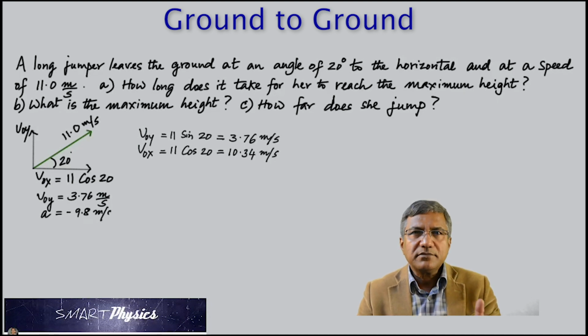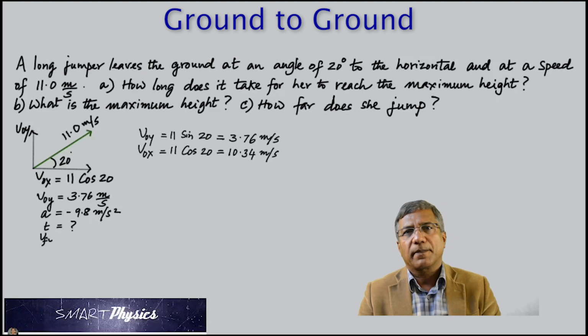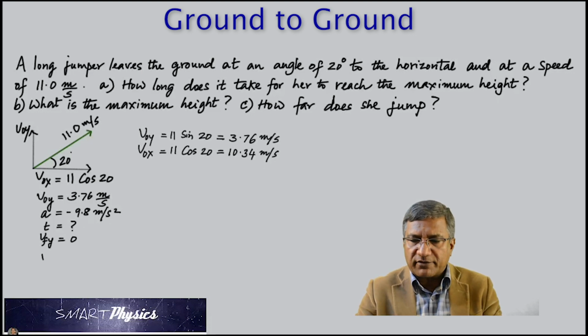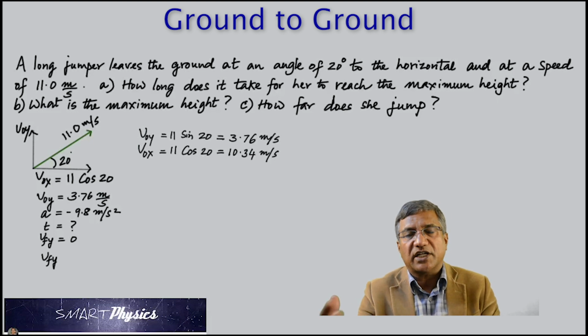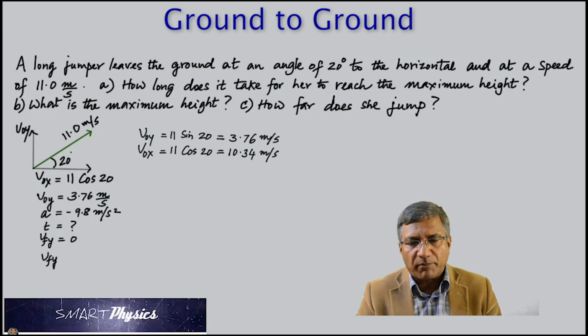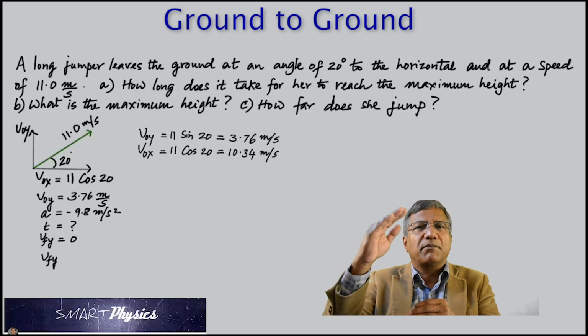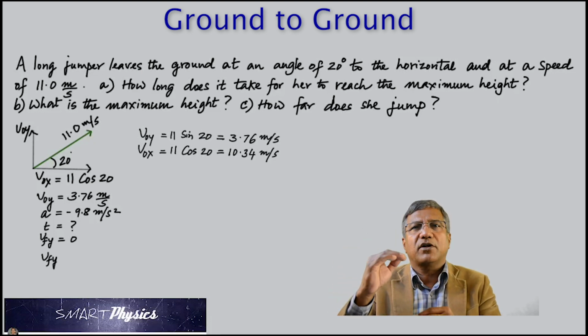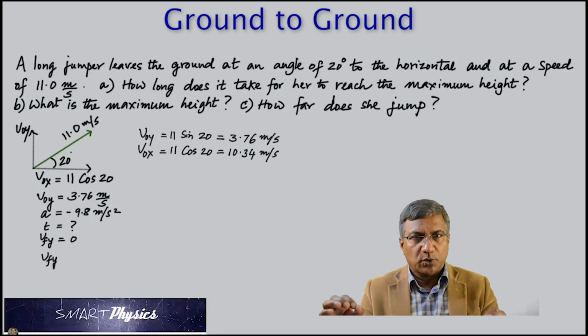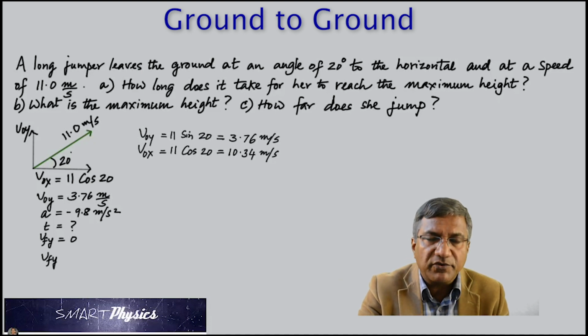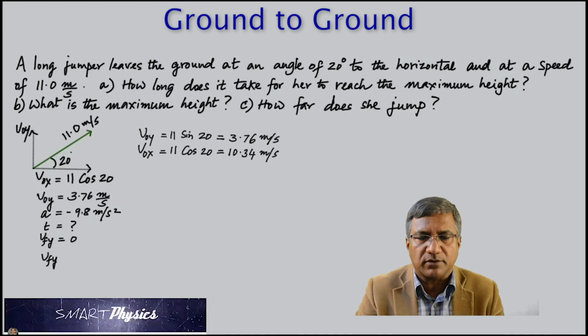The acceleration is negative 9.8. We have to find the time she takes to reach the maximum height. What's important about the maximum height is that when she reaches it, the vertical velocity becomes 0. So Vfy is equal to 0.